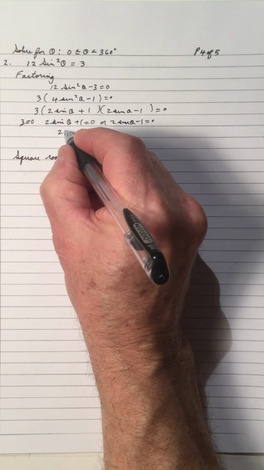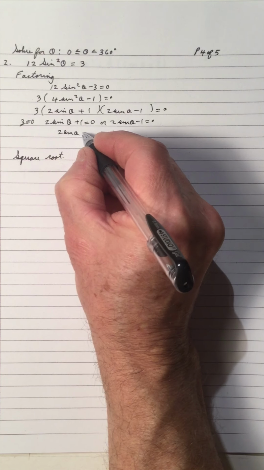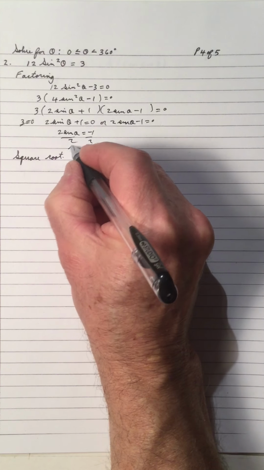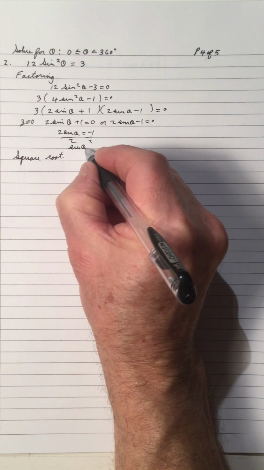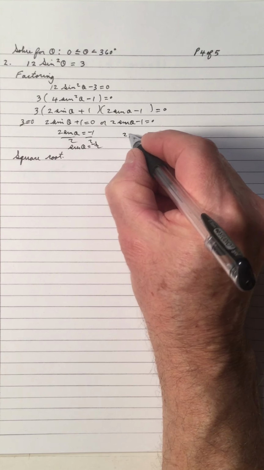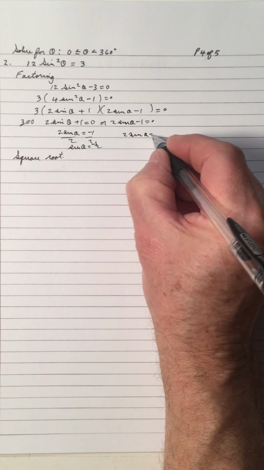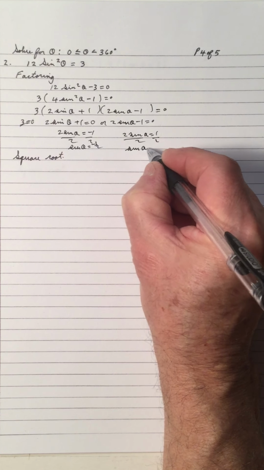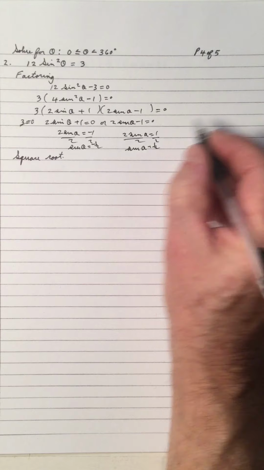We solve 2 sine theta equals negative 1 divided by 2. That means sine theta is equal to negative a half. And over here, 2 sine theta equals 1 divided by 2. That means sine theta is equal to positive a half.